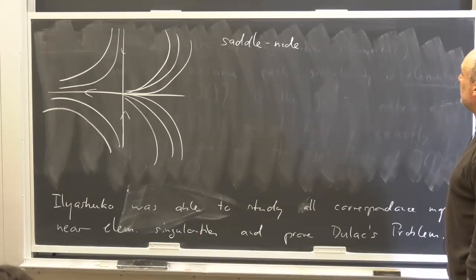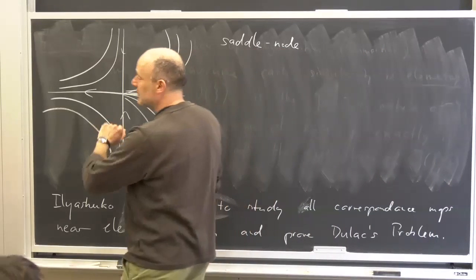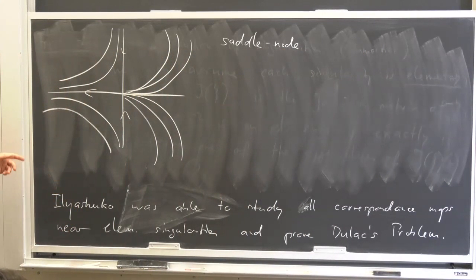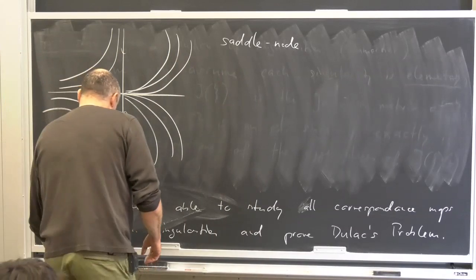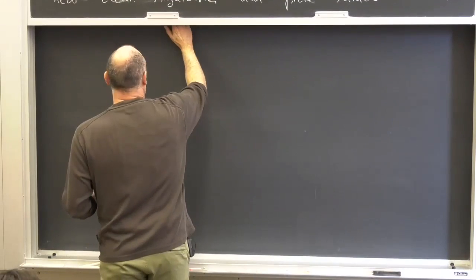Okay. And for elementary singularities, these can actually all be characterized in terms of the eigenvalues of the Jacobian at these points. So let me also say what those characterizations are.